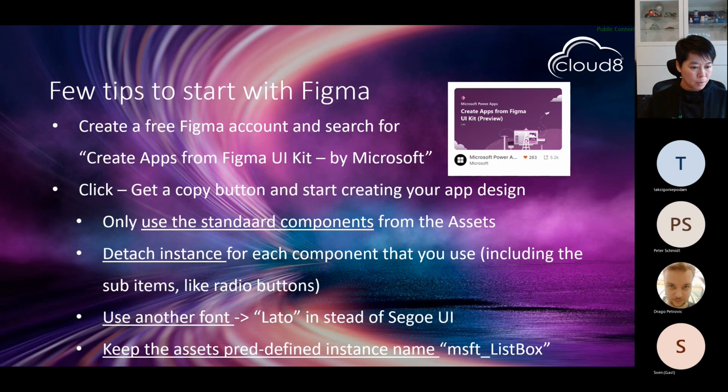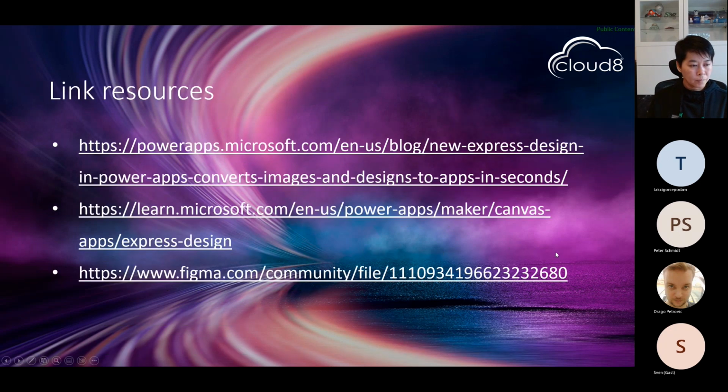So that's one thing. The last thing I want to mention is just keep the names as is, because when it's imported from Figma to Power Apps, Power Apps will recognize the Microsoft list box, Microsoft radio button, etc. It will recognize that it is a radio button, so that the radio button component will be generated into your app.